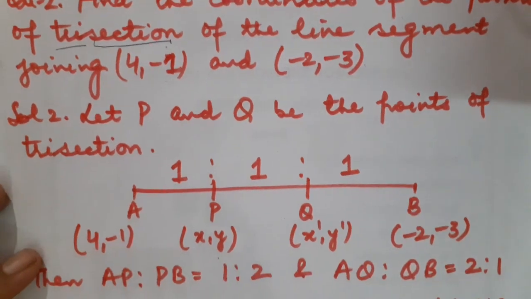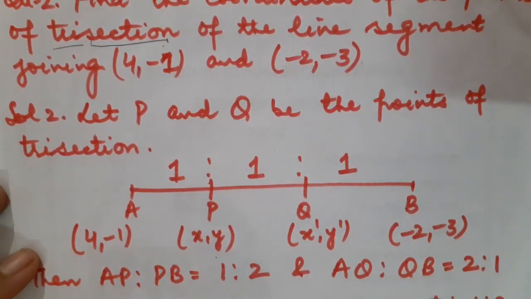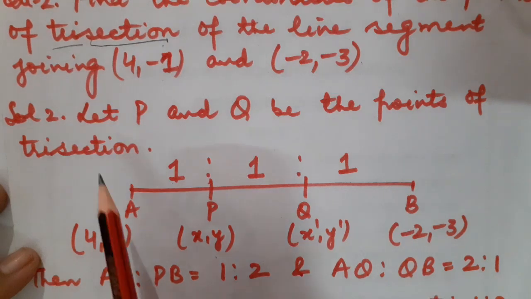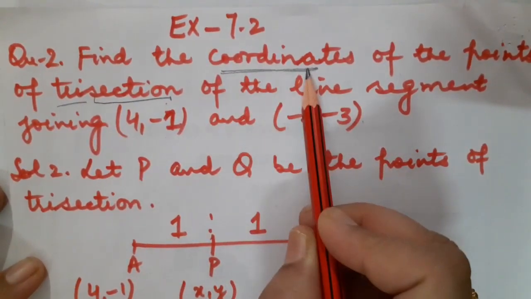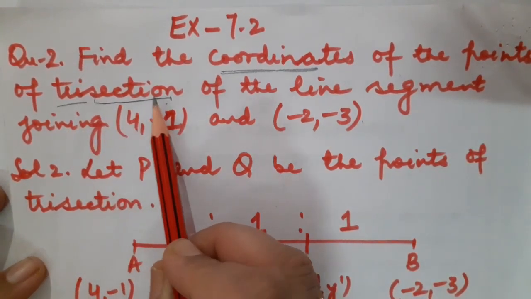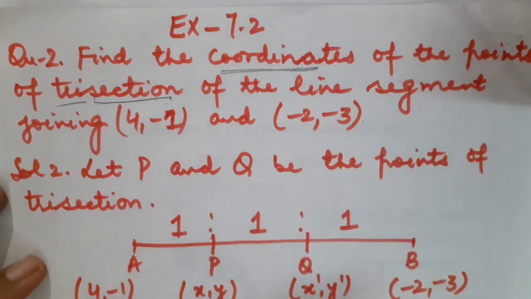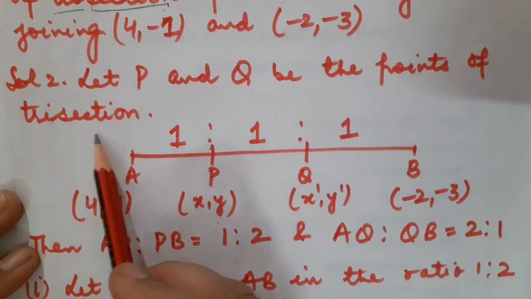As you will know, we apply the section formula only to calculate the coordinates, or the ratio in which the point of division divides the line segment. So now, as it is said in the question that we have to calculate the coordinates of the points of trisection of the line segment, let us assume that P and Q are the points of trisection.